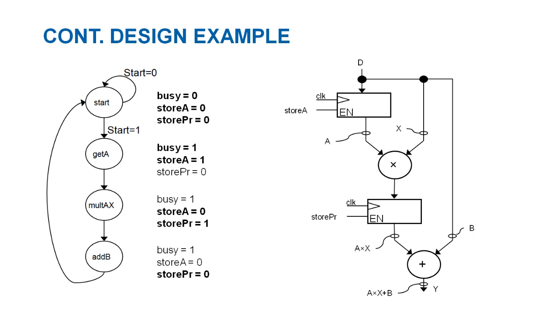So here efficiently we have been able to use one input bus D to represent three input signals A, X and B, and by changing some control signals store A and store PR we can efficiently make use of this data path in order to save resources, so we don't use unnecessarily a lot of data buses that will consume so much energy during the implementation.